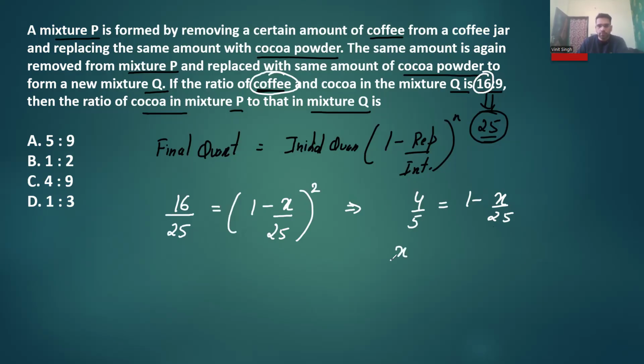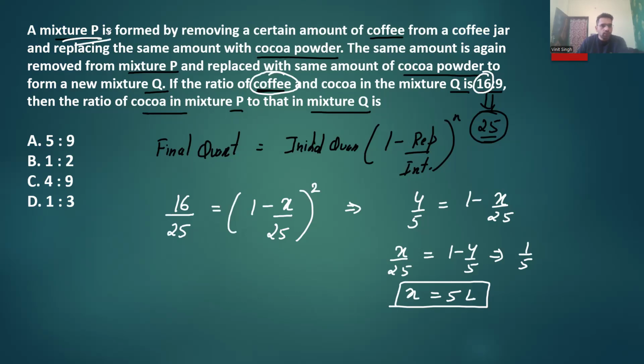So x upon 25 is equal to 1 minus 4 by 5. So it becomes 1 by 5. x upon 25 is 1 by 5. So x is equal to 5 liter. So 5 liter was removed from the mixture every time.